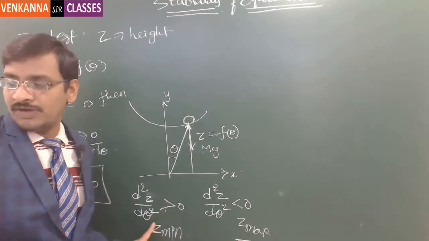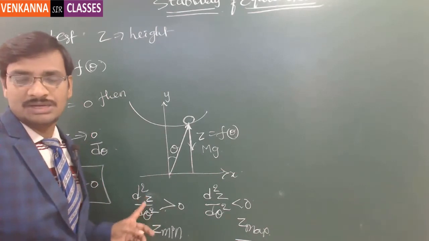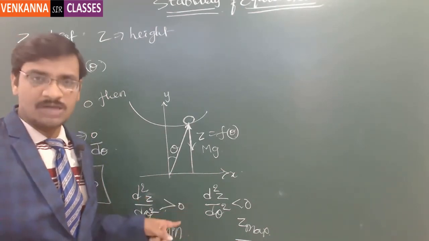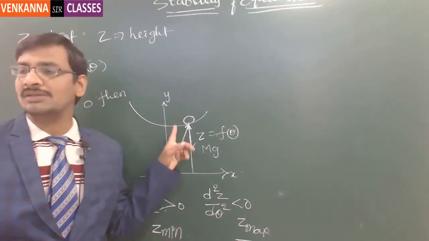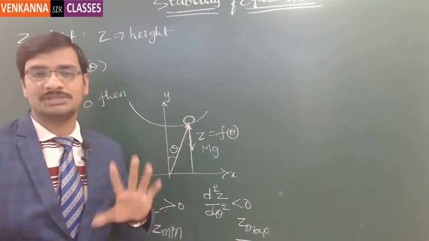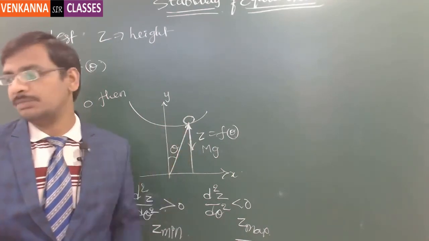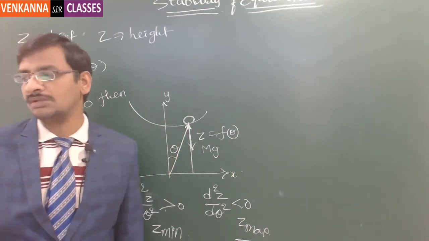Finally, I will depend on this d square z by d theta square, whether it comes out positive or negative. If it is positive, then I can conclude that the equilibrium is stable. Otherwise, I can conclude that the equilibrium is unstable. Got it? Understood or not, this concept?